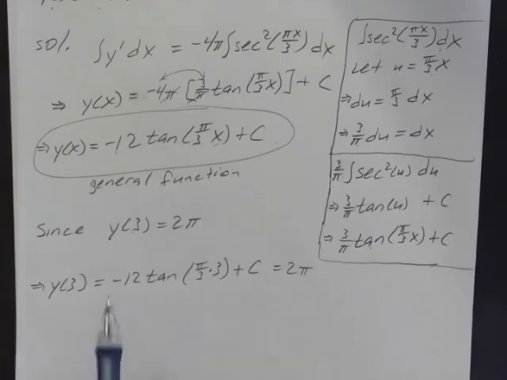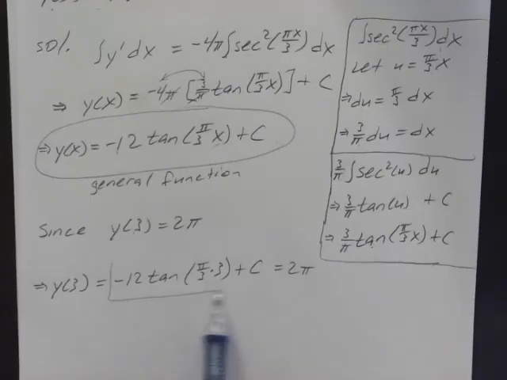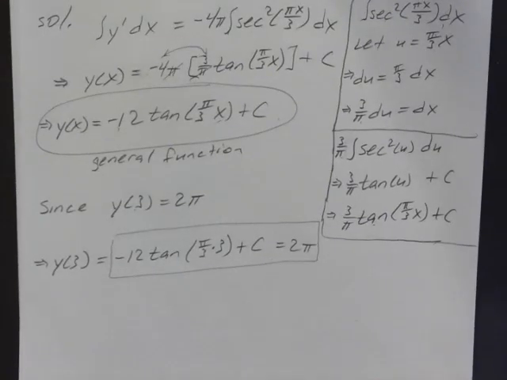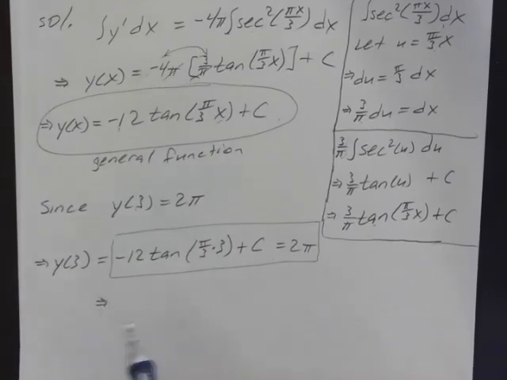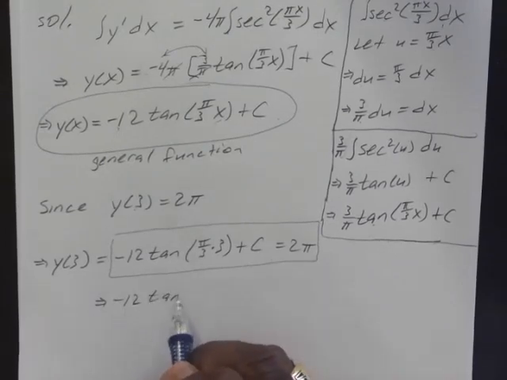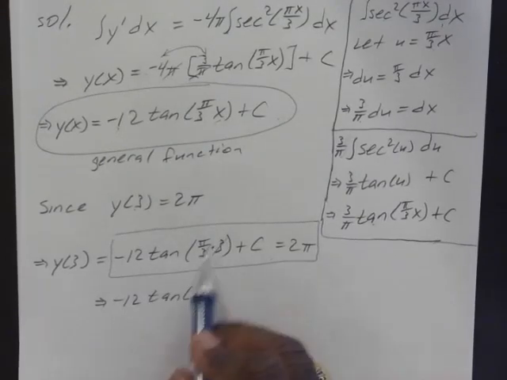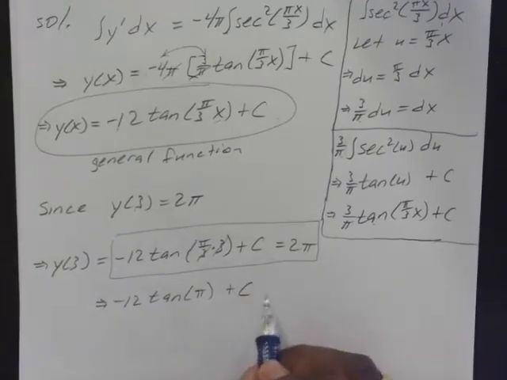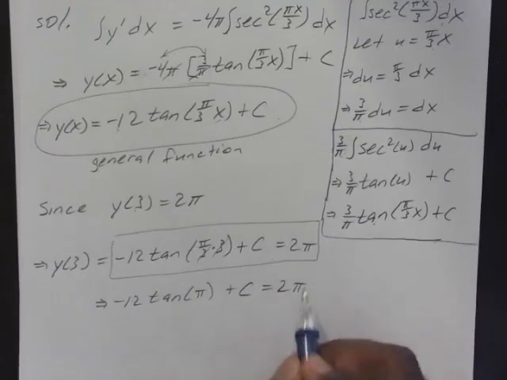So once again, we're just going to focus on this part. We have negative 12 times tangent. These 3's cancel out, so that's just tangent of pi plus c is equal to 2 pi.